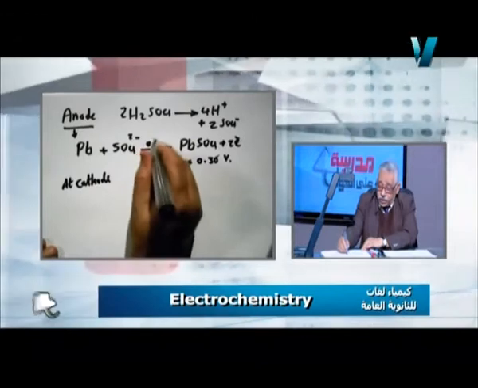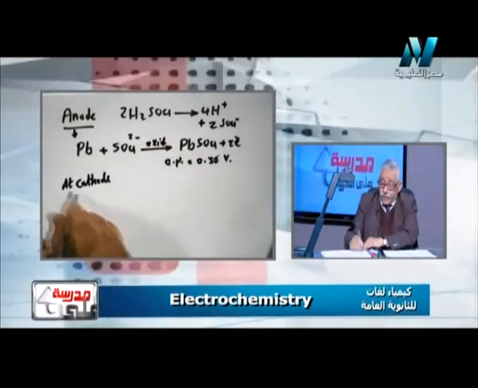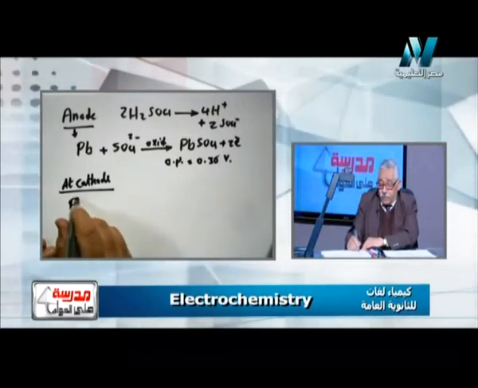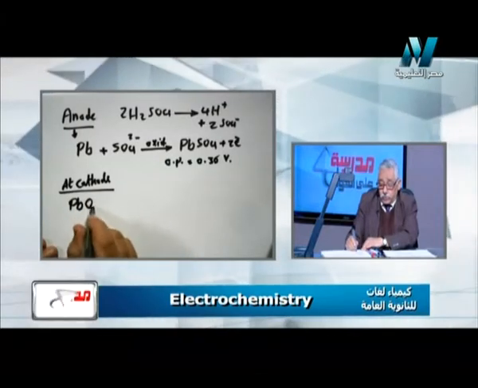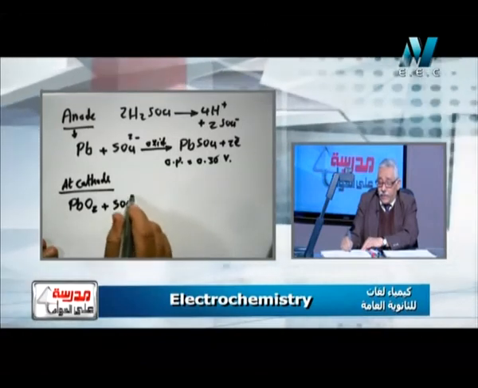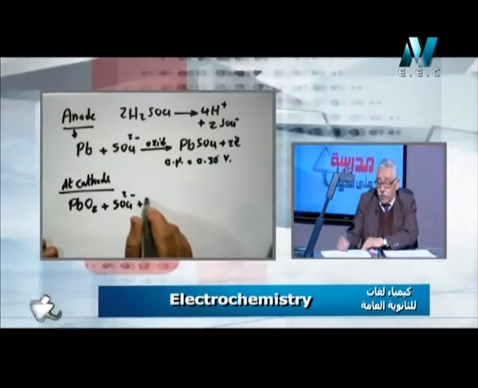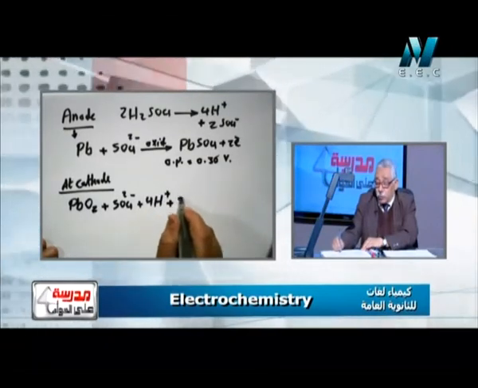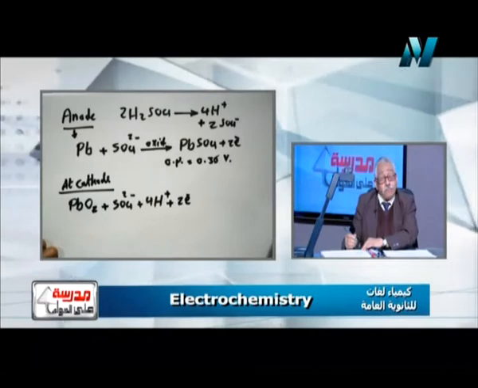At cathode, يبقى here oxidation عند الانود. الكاثود يبقى عند الريدكشن عند الكاثود. PbO2 plus SO4 negative 2 plus 4H positive ion plus 2 electrons. Take care.